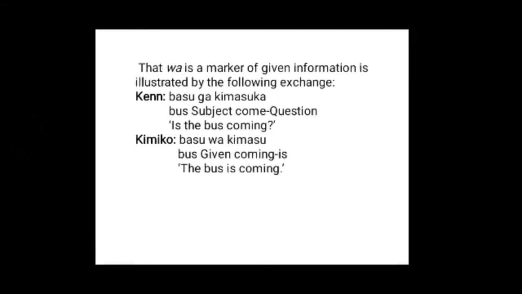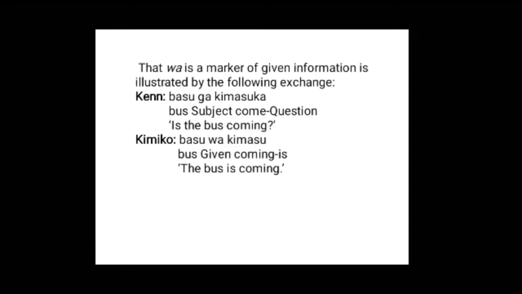That wa is a marker of given information is illustrated by the following exchange. For example, Basu ga kimasu ka? The bus, subject, question marker. The question is: is the bus coming? Next, Basu wa kimasu.